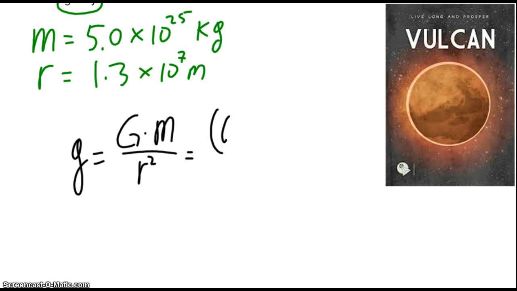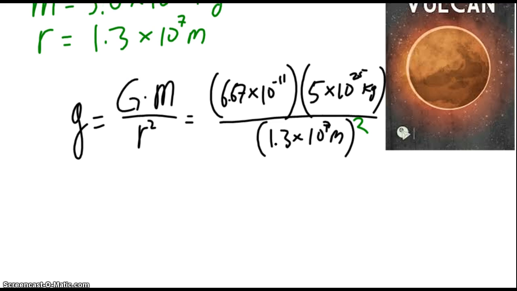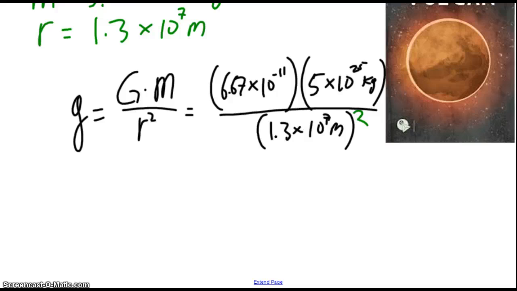So for G, I get 6.67 times 10 to the negative 11. For my M, that's 5 times 10 to the 25th kilograms. And for my R, that's 1.3 times 10 to the 7th meters. And please don't forget to square that term. So I'll give you a second to go through the calculations. If you need to, go ahead and pause.